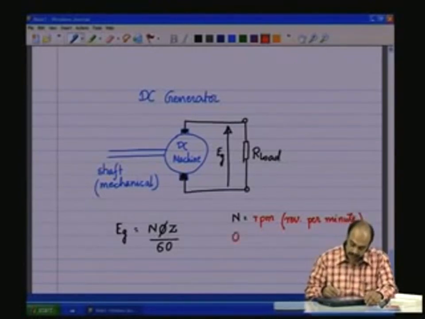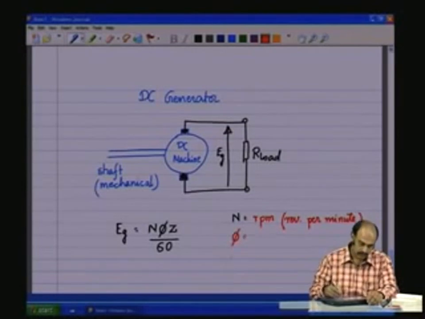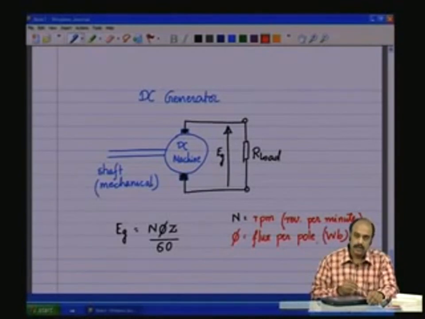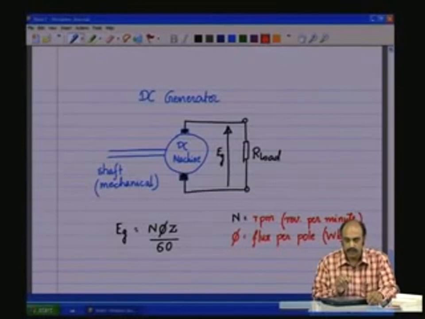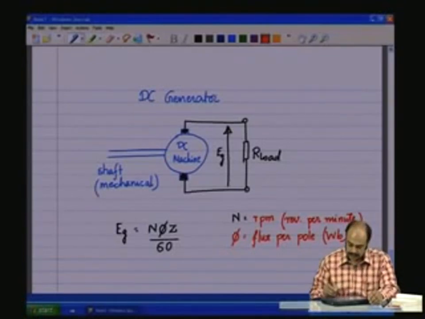And phi is the flux per pole. This is in Webers. Notice that we have always put one pole set, one north pole, one south pole in all our discussions till now, but it is not necessary that it should be just one pole set, there could be many pole sets.